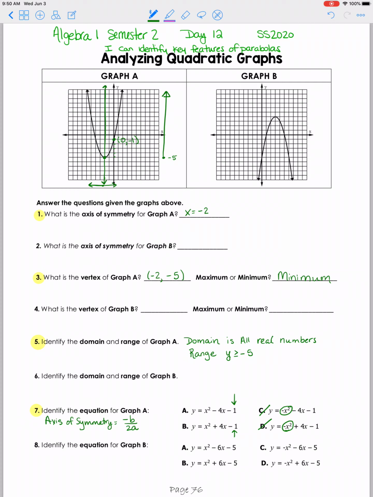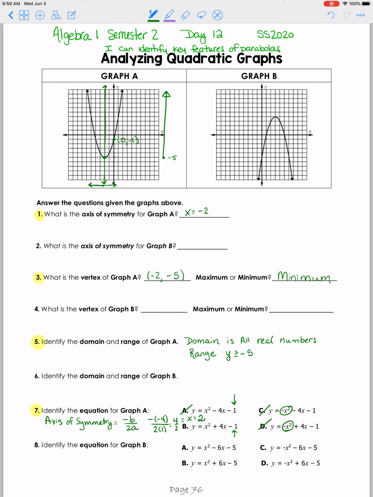So if we look at graph A, b is -4, so we want the opposite of -4, divided by 2 times 1. Negative of a negative is a positive 4 over 2, which gives us x equals positive 2 as our axis of symmetry. So A is not our answer because we want x equals negative 2.